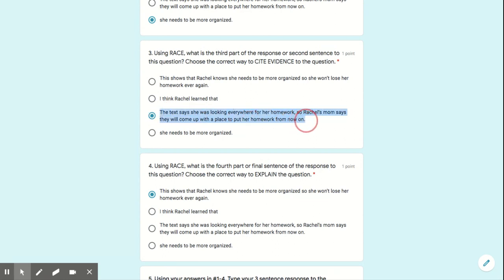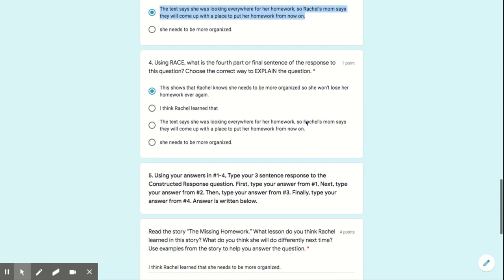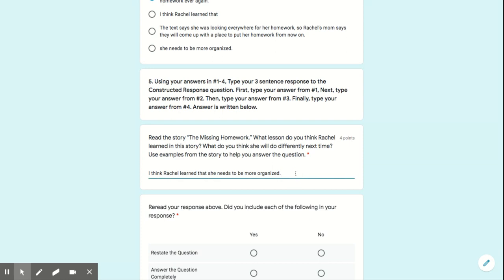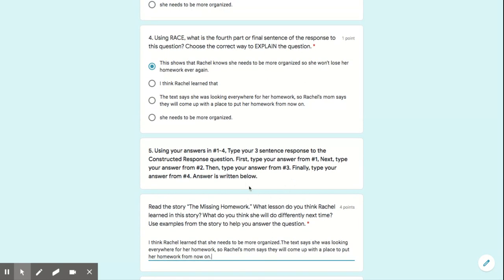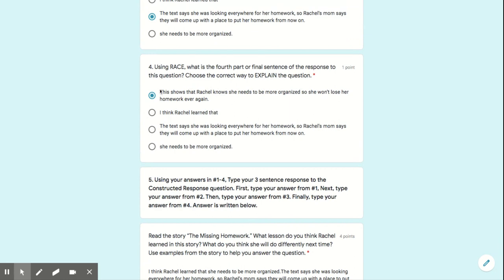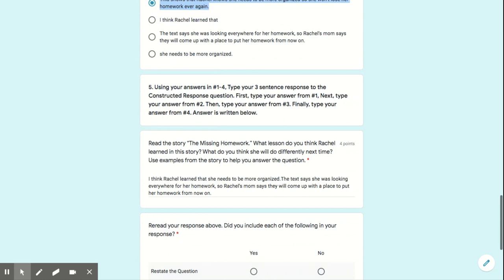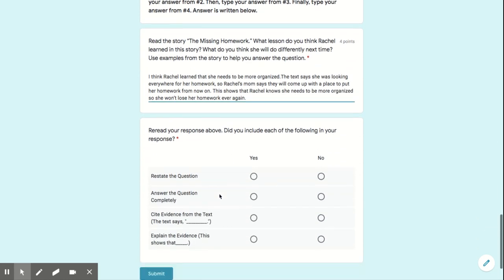Again, you can either type it or you can push Control C, and then you go down, you click, and push Control V. And finally, we're going to have our answer from part 4, number 4. Control C, Control V.